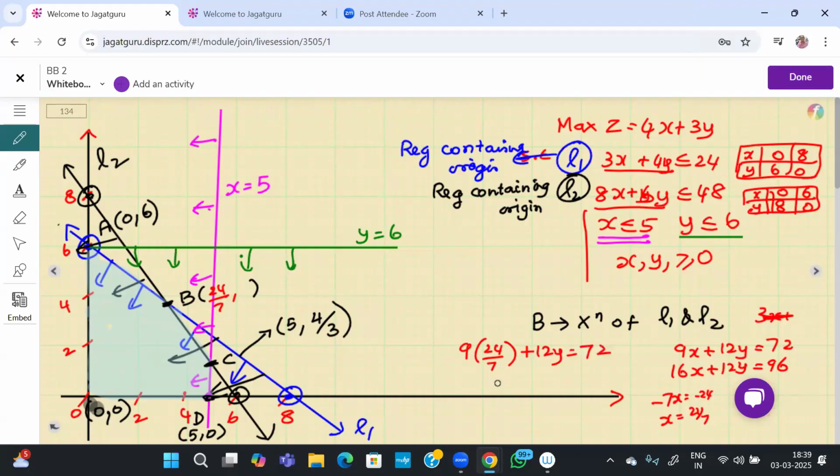Y is also 24 by 7. That's also 24. That's a great one. Okay.